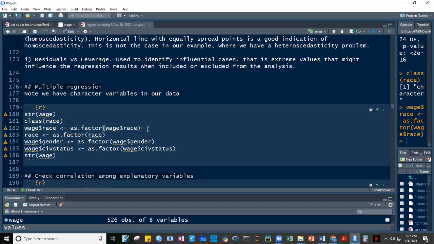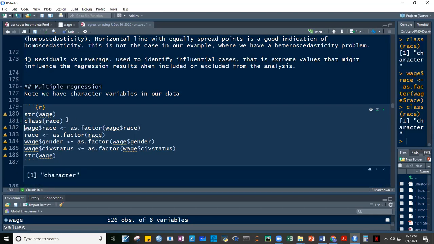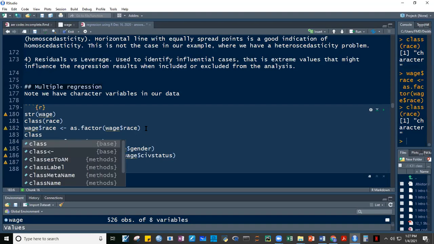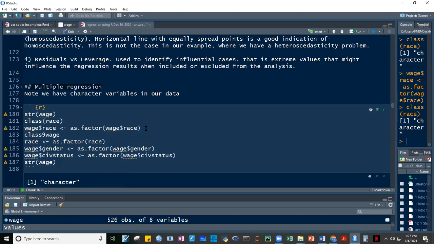So, i-check ulit natin. Class, race, tingnan natin kung nagbago to. Oops, wait. Class, ba't nawala? Check ko lang ha. Let me check this. Okay, factor na siya.